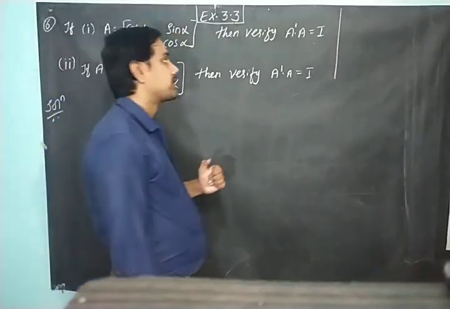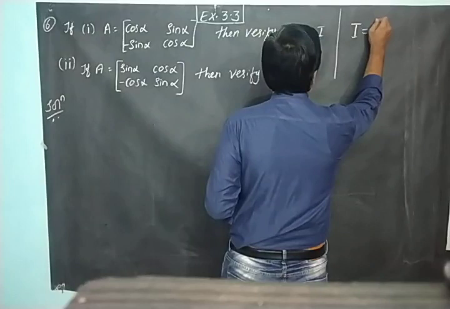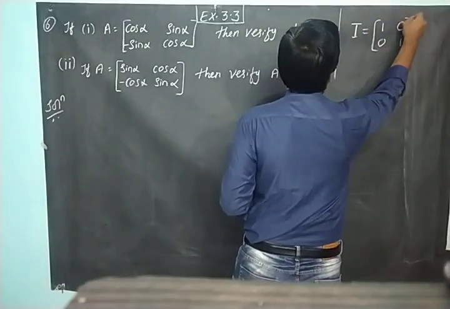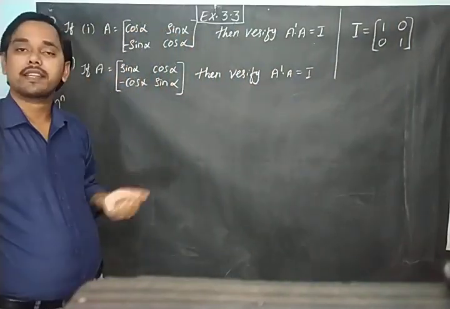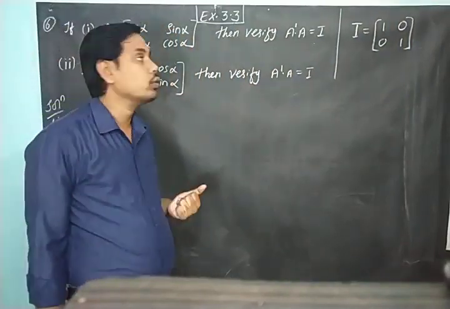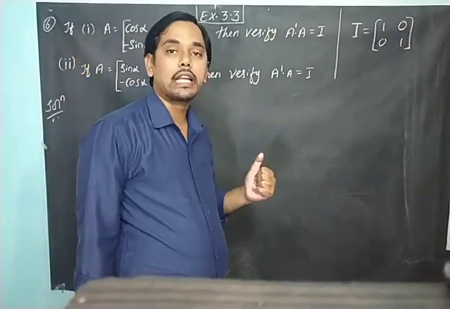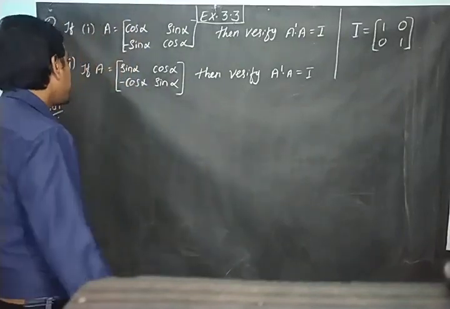That is the unit matrix, and its order will be 2 cross 2, because the given matrices are of order 2 cross 2. So the required identity matrix also will be of the order 2 cross 2. Okay, so let us begin with the first one.